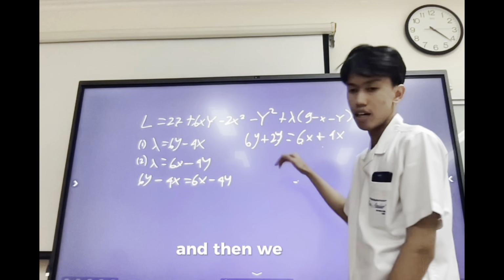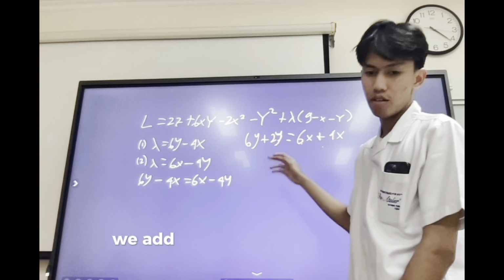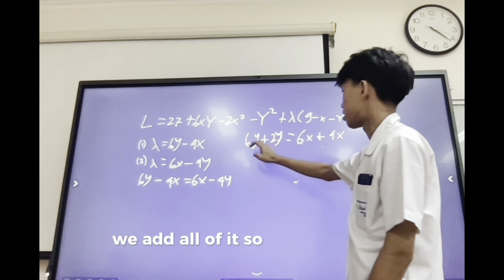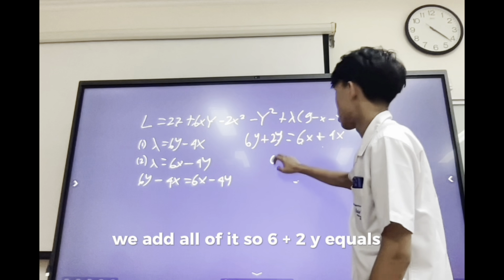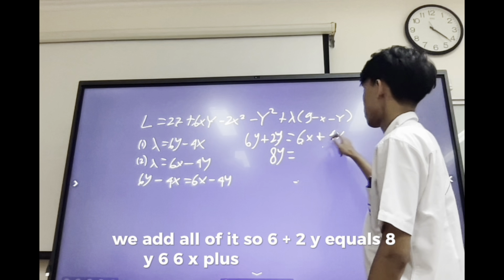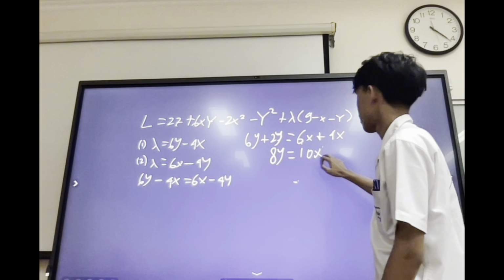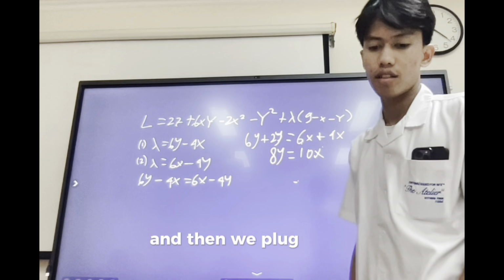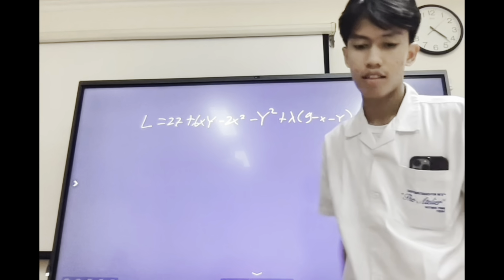And then we add it. We add all of it. So 6y plus 2y equals 8y. 6x plus 4x equals 10x. And then we plug this into equation 3.